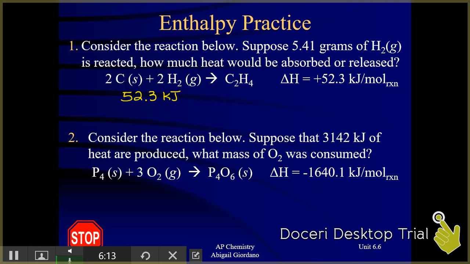This is the heat associated, and again, per mole of reaction means that is the heat value associated with the coefficients given in the reaction. And for hydrogen, which is the one they're asking us about, there's a 2 in front of the hydrogen. So 52.3 kilojoules is the heat value associated when 2 moles of hydrogen react.